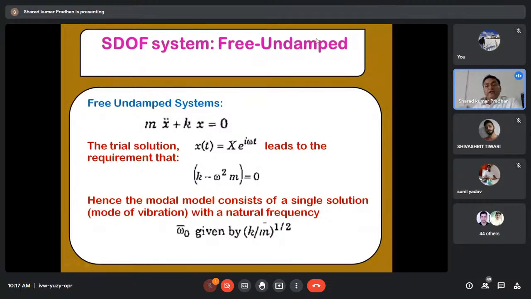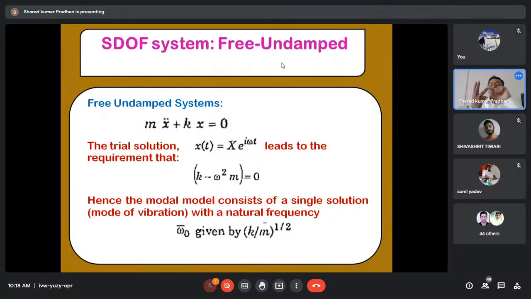So if you take any free undamped system, it means a mass is hanging with a spring. So a spring is there and a mass is there. Only two properties. K is stiffness, which is the property of a spring. M, mass, which is the property of the mass. And generally when you take any structure, you have the mass of that structure and you also have the stiffness of that structure. So these are the two things.